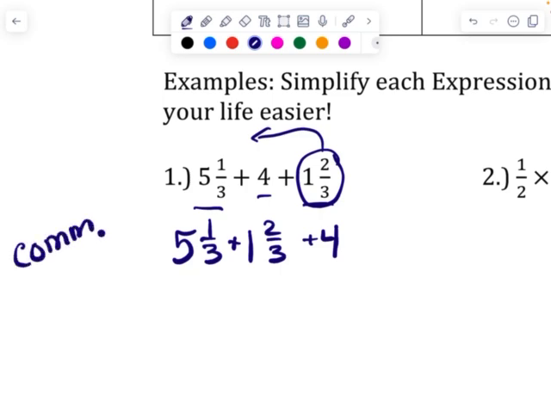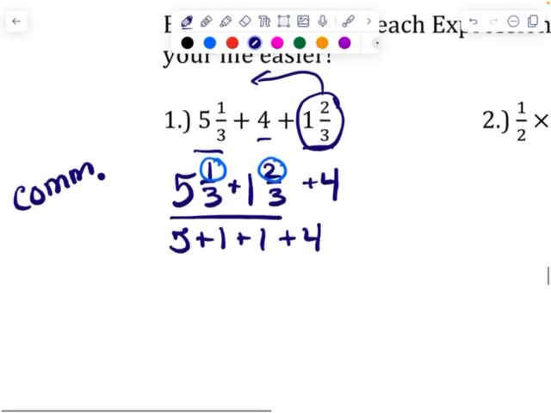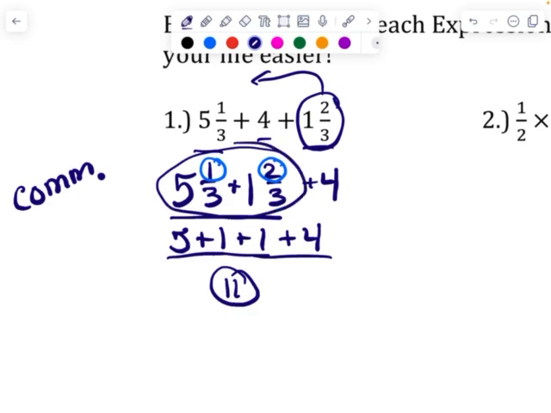Now, I can go ahead and add these two. I know that 1/3 and 2/3 makes 1. So really, I can say 5 plus 1 plus 1 plus 4. And if I add those, I should have 11. So I used the commutative property to get these numbers next to one another.